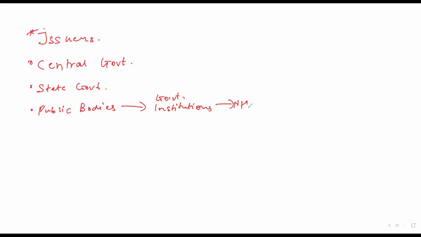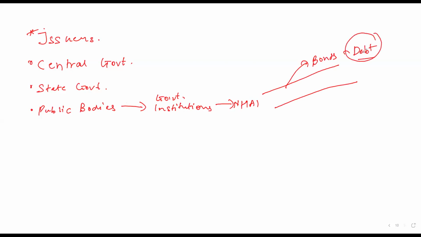Let's suppose that the National Highway Authority of India wants to build roads and they don't have funds for it. So what they could do is issue bonds and collect debt from the people. By collecting that debt, they will build the roads and highways. They would collect toll and pay back that debt.